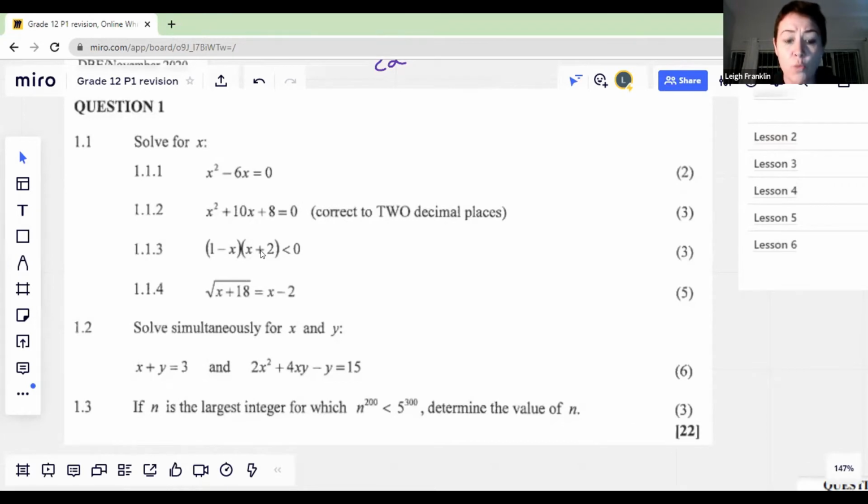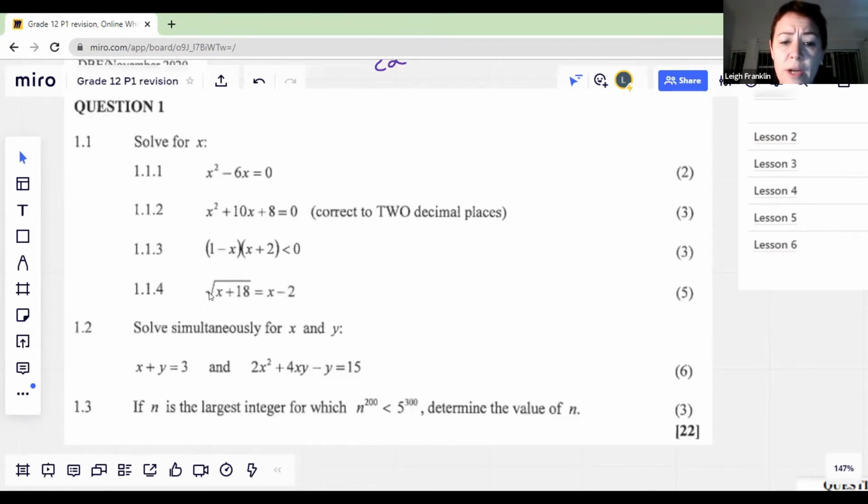Then check, are you working above? Are you looking where your outputs are positive? So in other words, above the x-axis, or are you looking for where your outputs are negative? Are you below the x-axis? And then you can, I don't know if you do this at school, you can either use a number line, or you can actually draw the parabola itself. Okay, and then you can go ahead and answer that. So unless there are any other questions, you can answer that one too.